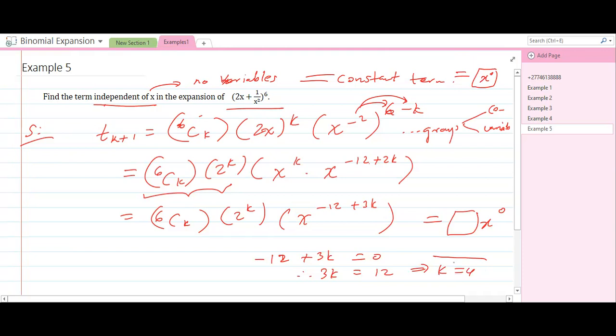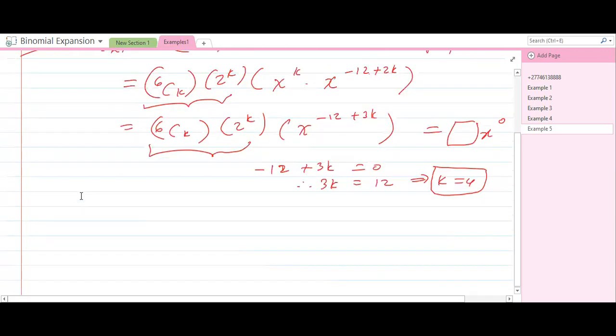Now, all I need to do is take the value k equal to 4 and substitute it into my coefficient part, because we want the term independent of x. In other words, we're looking for the coefficient independent of x, which is equal to 6 choose 4, times 2 to the power 4, because the value of k is 4.